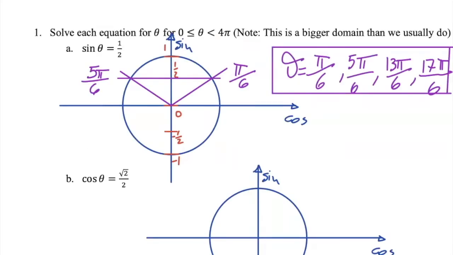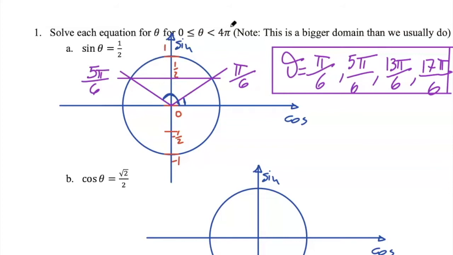So if we know that the sine is 1/2, in the unit circle, this will be 1, this will be 1/2, and the angles corresponding to 1/2 are the angle pi over 6 and 5 pi over 6. So these are the two angles in the first rotation, and I wrote them here, pi over 6 and 5 pi over 6.